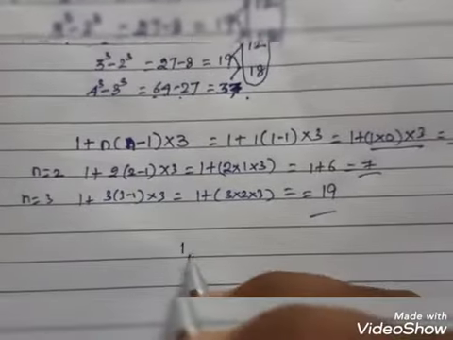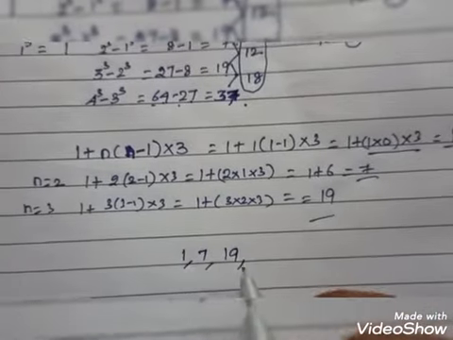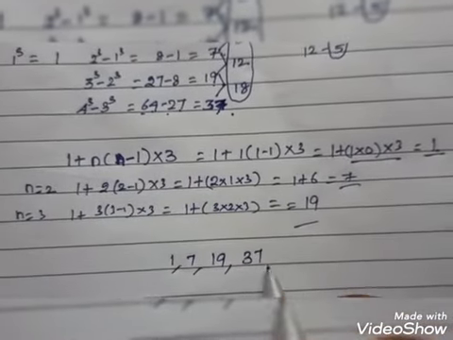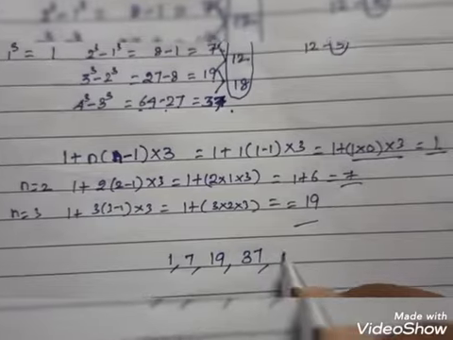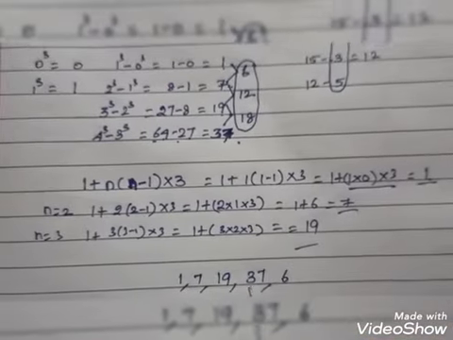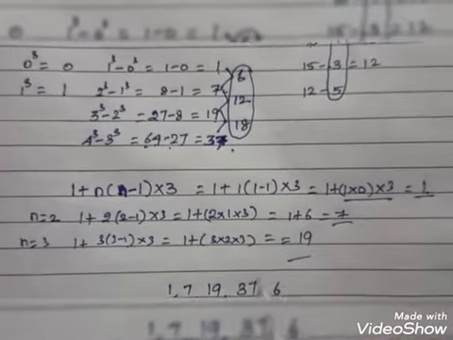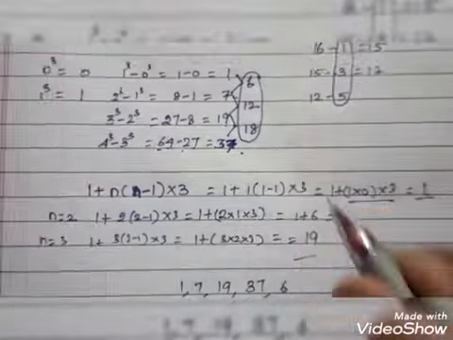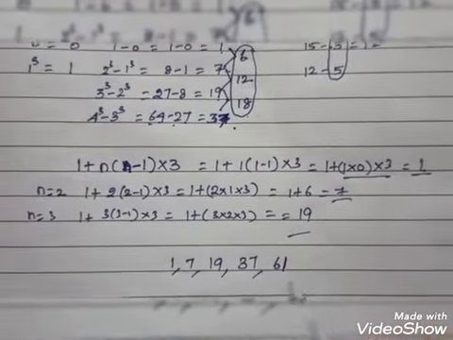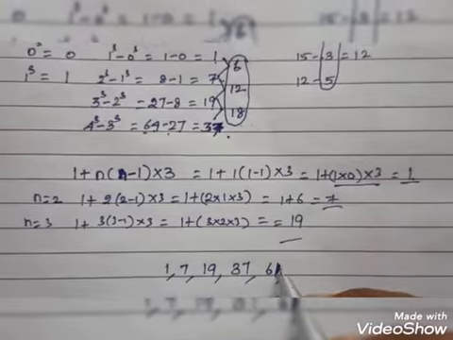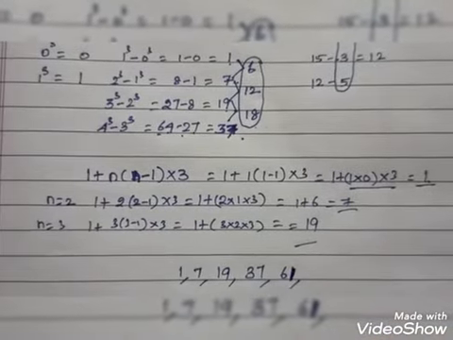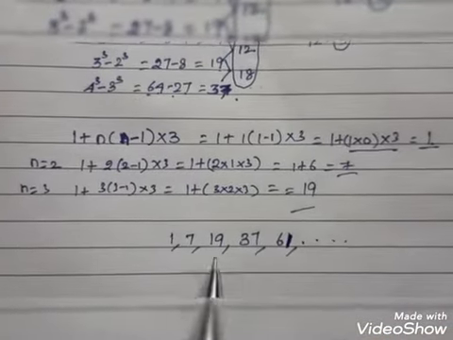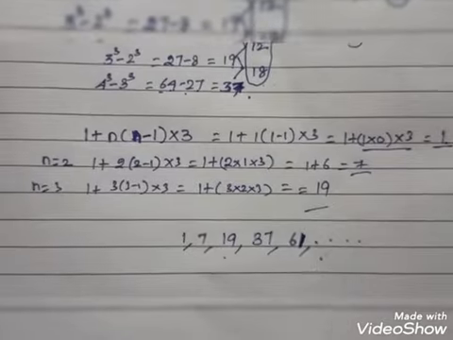You need to take 1, 7, 19 and then 37, next 61, etc. So these are the pattern to find out the values.